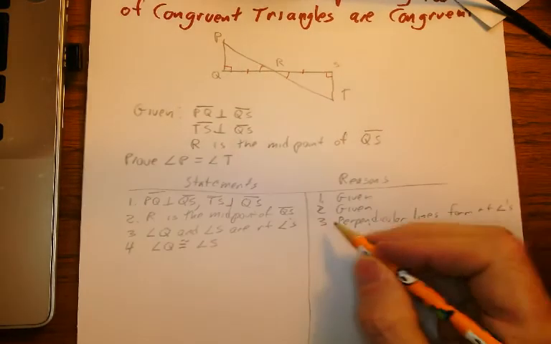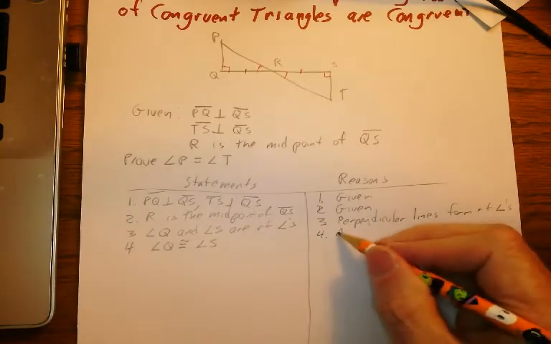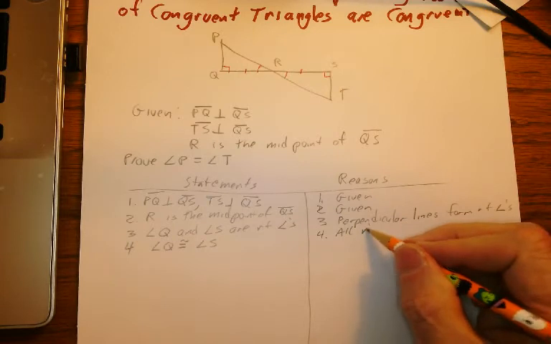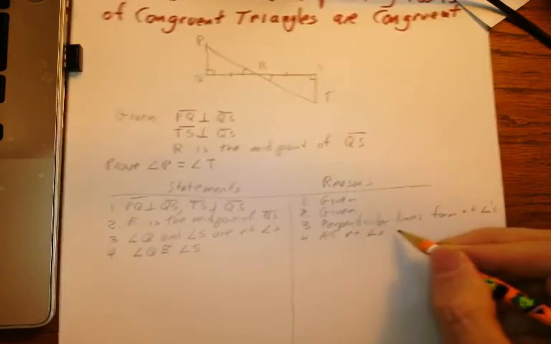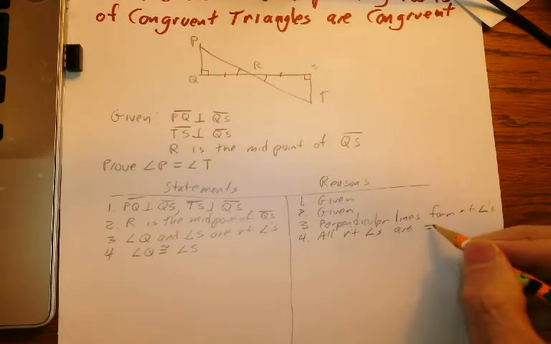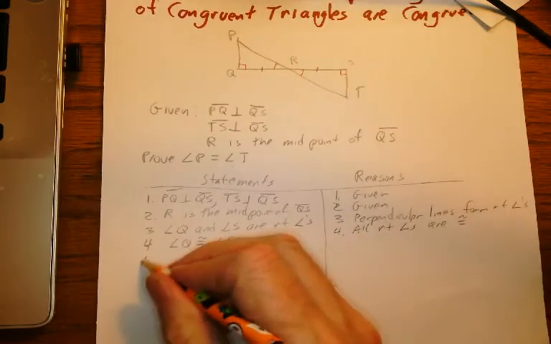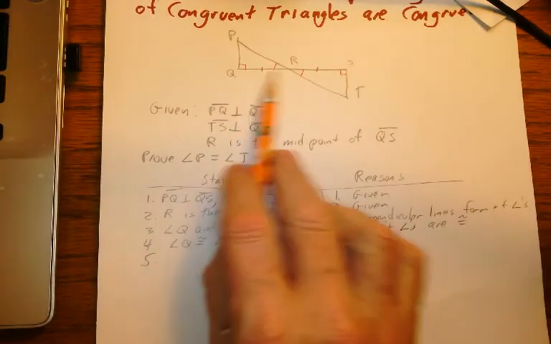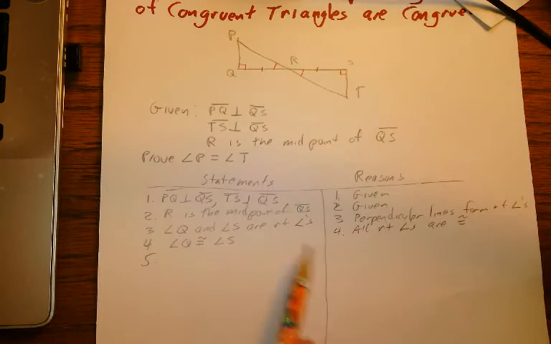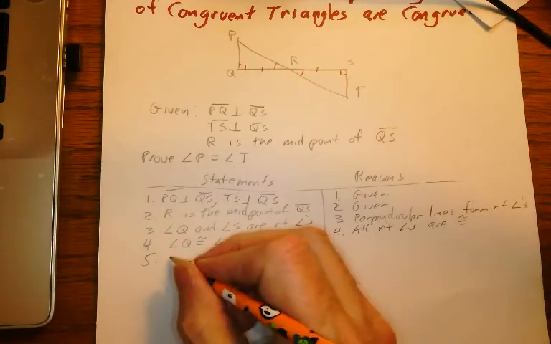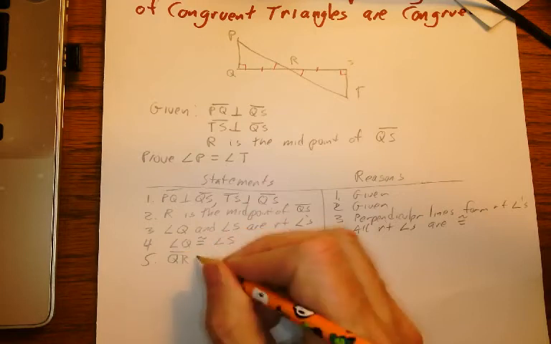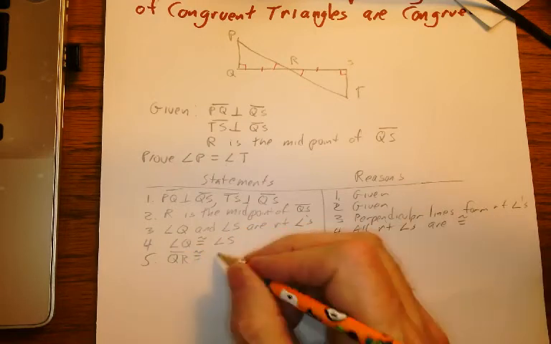Angle Q is congruent to angle S, and that's simply because all right angles are congruent. Now, I marked these two segments congruent. Why? Because R is the midpoint. I'm going to write that down now. QR is congruent to RS.